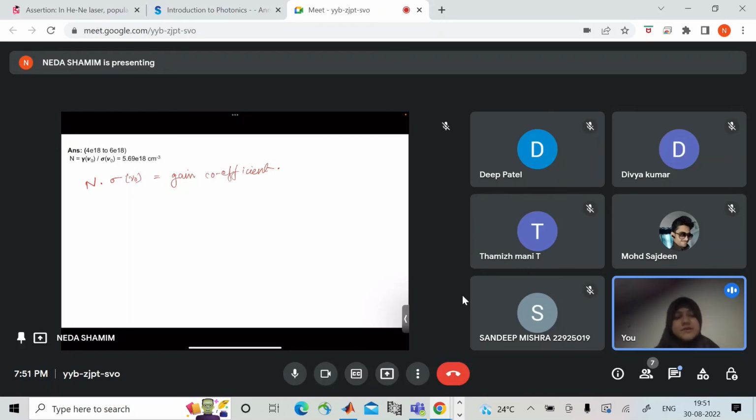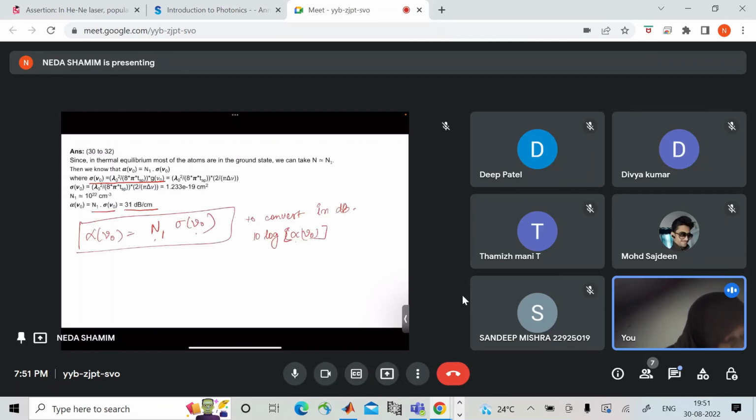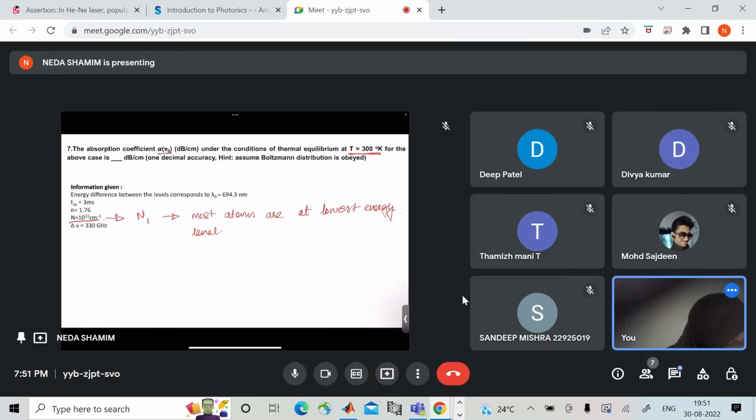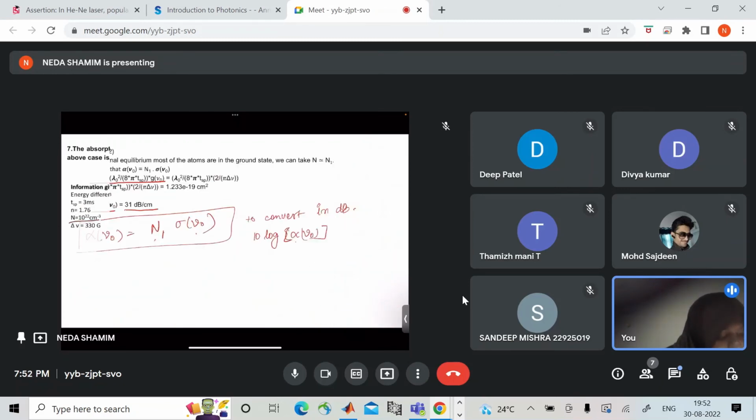We can use the previous cross section because here maybe we are referring to the absorption cross section being equal to the emission cross section. Is it being mentioned anywhere? No. But we don't have any other information to find the emission cross section.